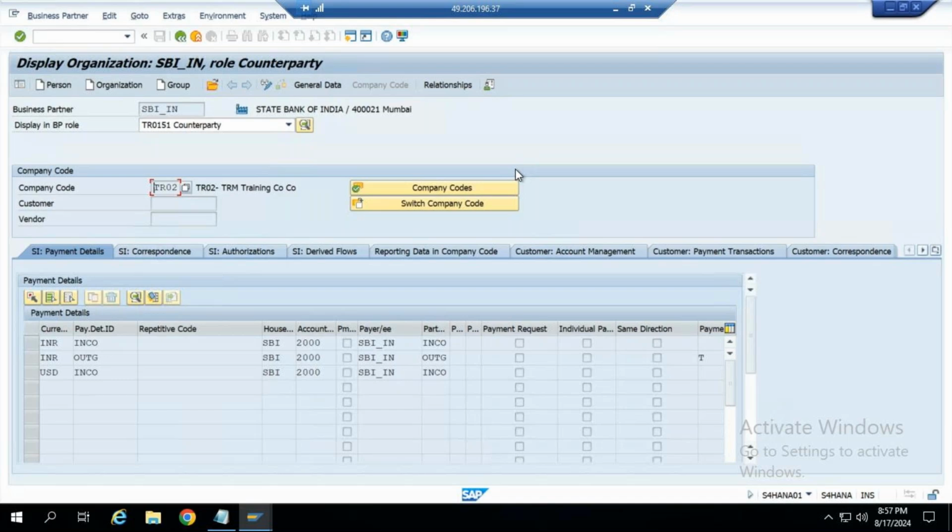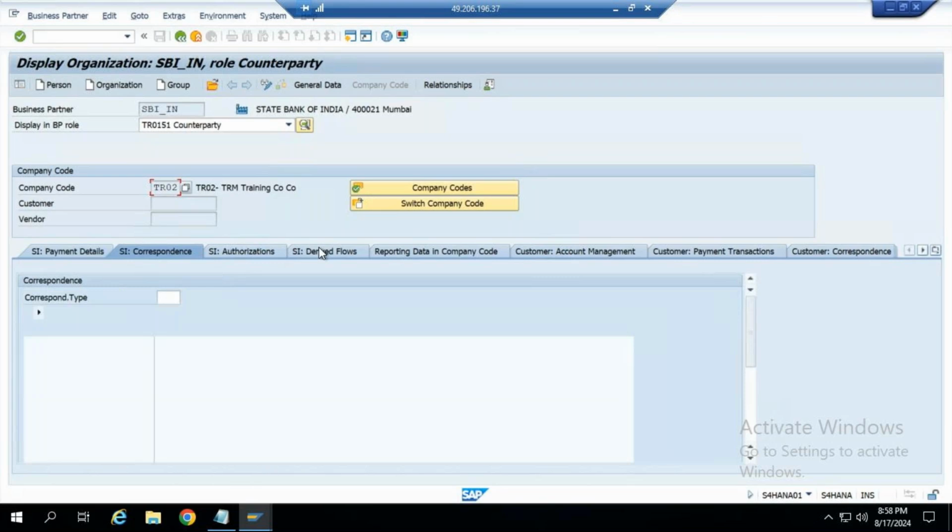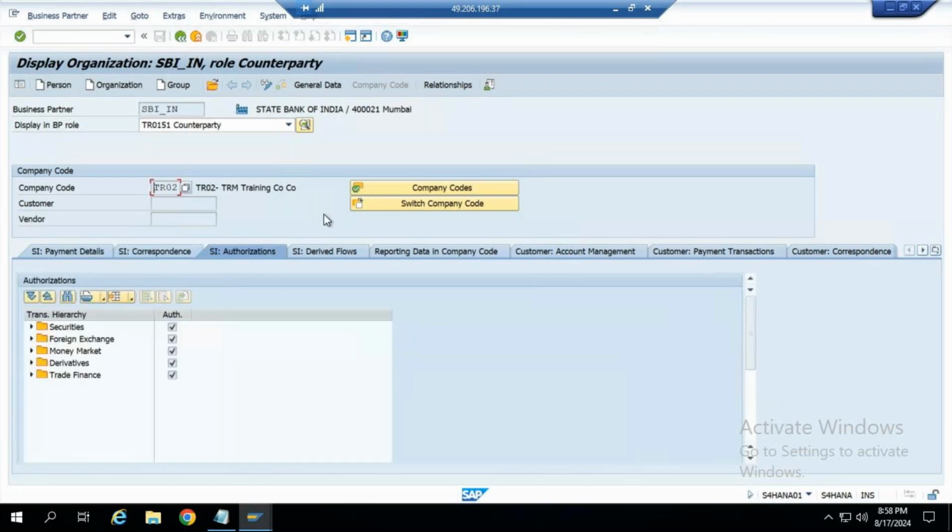These screens depend on how we require them. Let's say this is a particular bank, SBI, and with SBI we only deal with foreign exchange and money market. We are not dealing with any sort of derivatives, or, let's say, trade finance transactions.